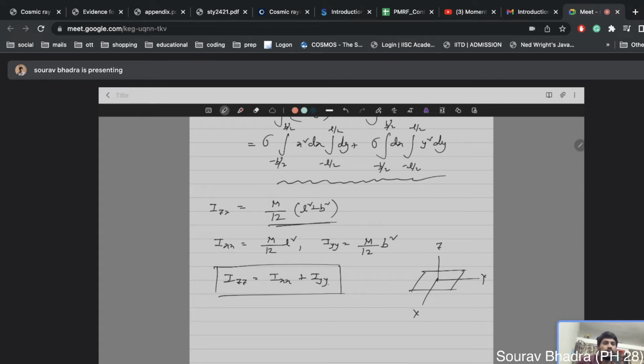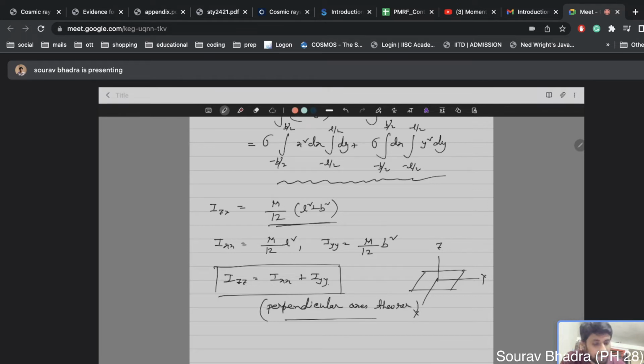I mean the sheet is in the xy plane. So that's why Ixx plus Iyy is equal to the moment of inertia of the body if it rotates around the perpendicular axis, which is Izz. So this is called the perpendicular axis theorem, and it is valid only for laminar type bodies.